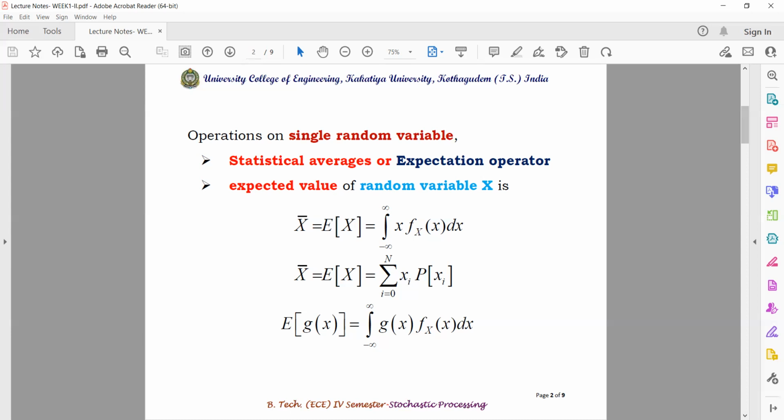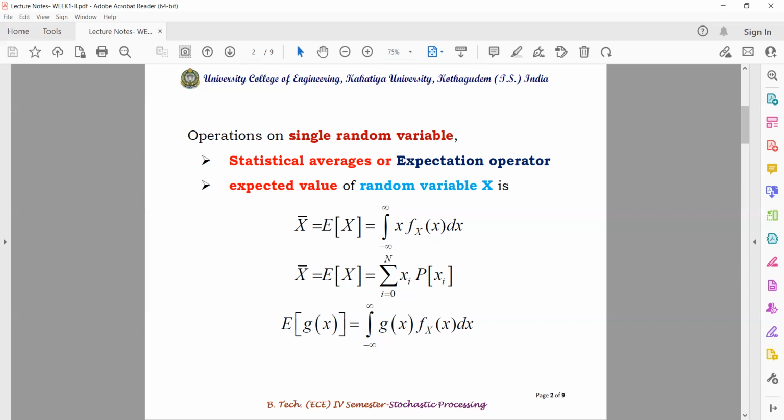So in the previous class, we discussed the characterization of random signals by means of the cumulative distribution function and probability density function. In continuation to that, some statistical averages, which are generally called ensemble averages, will be calculated on the random variables, and they purely depend on its probability density function.